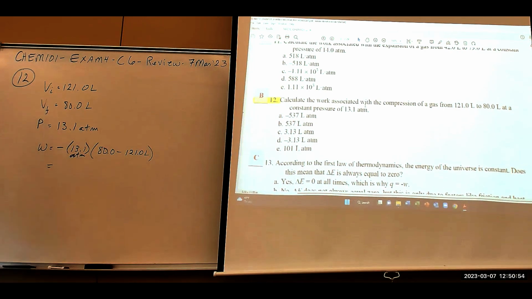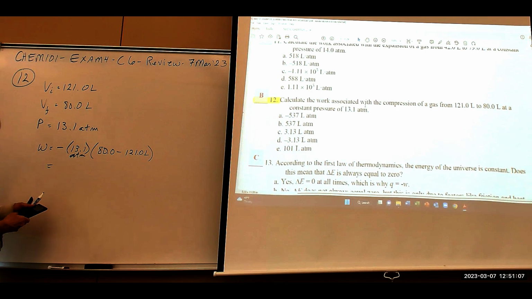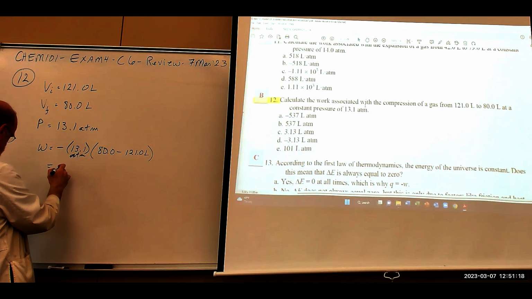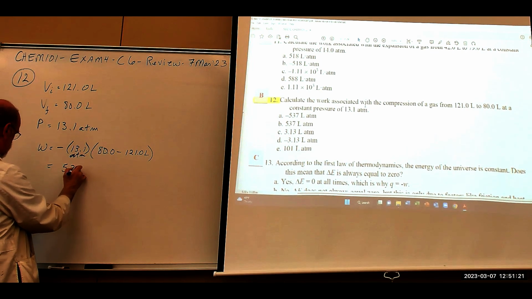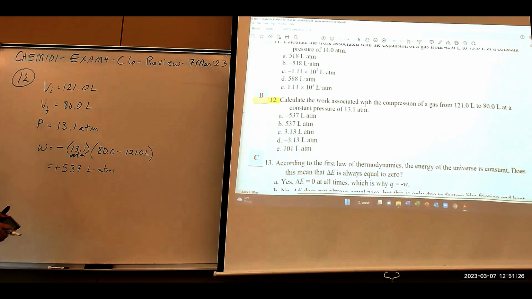So that's going to be minus 41 times 13.1. And it's a negative sign, so we change the sign. We've got 3 significant figures: 537 liter atmospheres. Positive. And that fits because the surroundings are doing work on the system.